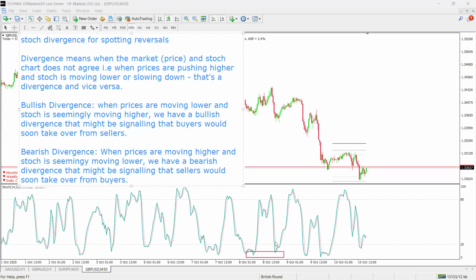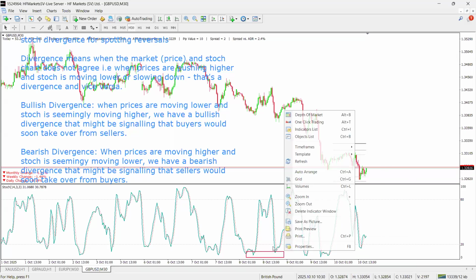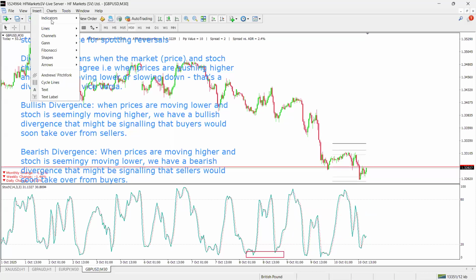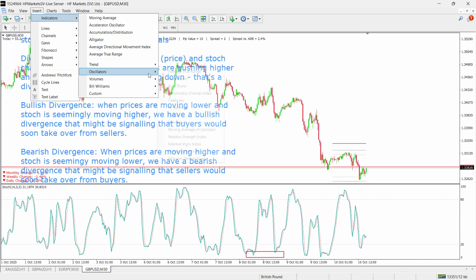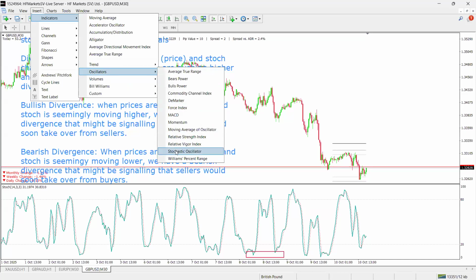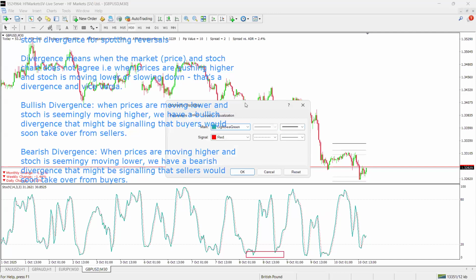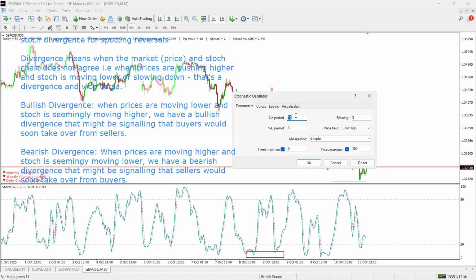Like I said, the main and signal lines are here on the screen. Once you pull up the stochastic on your screen under oscillators and put the parameters you want, the 14.33, because this is M30, H1 or H4, whatever level you're using it on, there's a color part that gives you the main and the signal line.